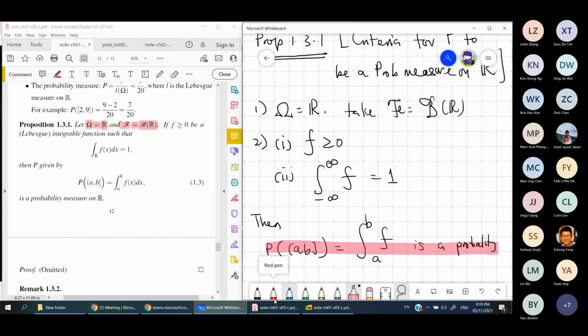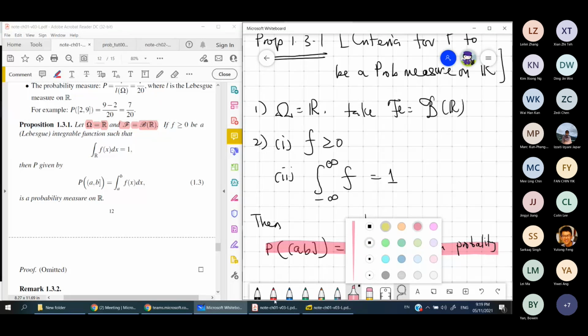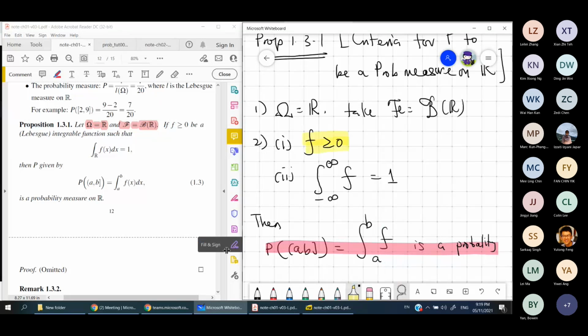So the criterion is quite straightforward. First, make sure small f is positive. Then f must be integrable, and when we do the integration it returns the value 1. Once it fulfils these two criteria, then P defined in this way must be a probability measure. You know this thing: it is actually the density function for the distribution.